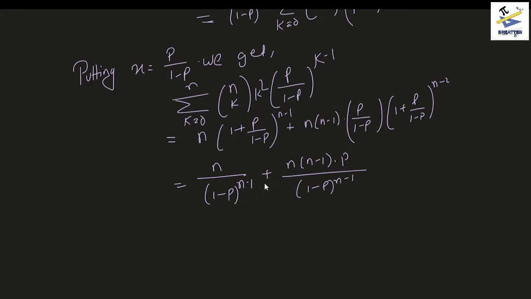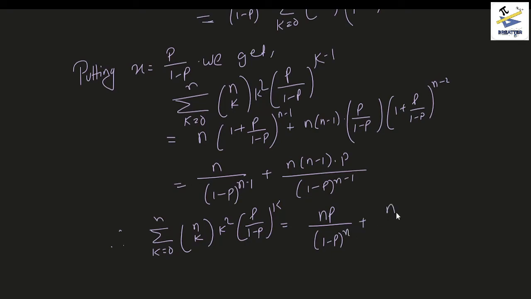Okay, now we need to multiply by p into 1 minus p on both sides again, which gives us summation k equals 0 to n nCk k squared (p by 1 minus p) to the power k, because we multiplied this again, so this k minus 1 power becomes this, and this would become np by (1 minus p) to the power n plus n into n minus 1 into p squared by (1 minus p) to the power n, right?